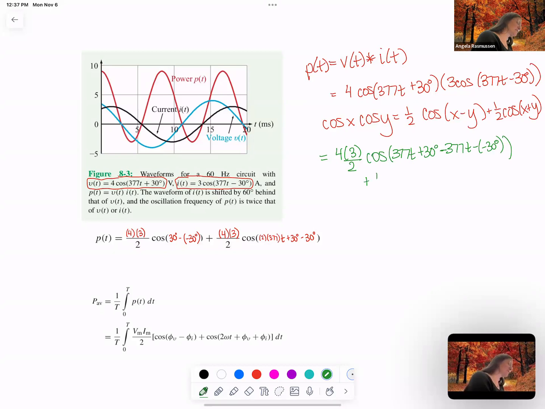And then plus 4 times 3 over 2 cosine 377t plus 30, and then a plus 377t minus 30.